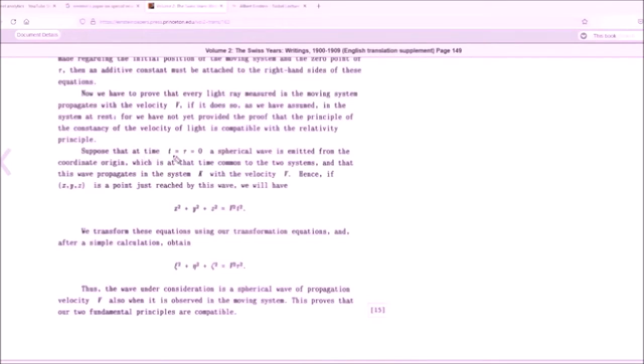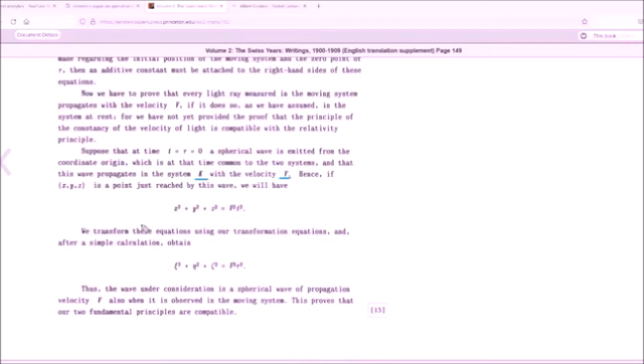Suppose that at a time t equals tau equals 0, when the two frames are at rest, a spherical wave is emitted from the coordinate origin, which is at that time common to the two systems, and that this wave propagates in the system k, which is at rest, with a velocity capital V. Then if x, y, and z of that frame is a point just reached by this wave, we will have the square of the radius from the origin, x squared plus y squared plus z squared, equals the square of the time times the square of the velocity.